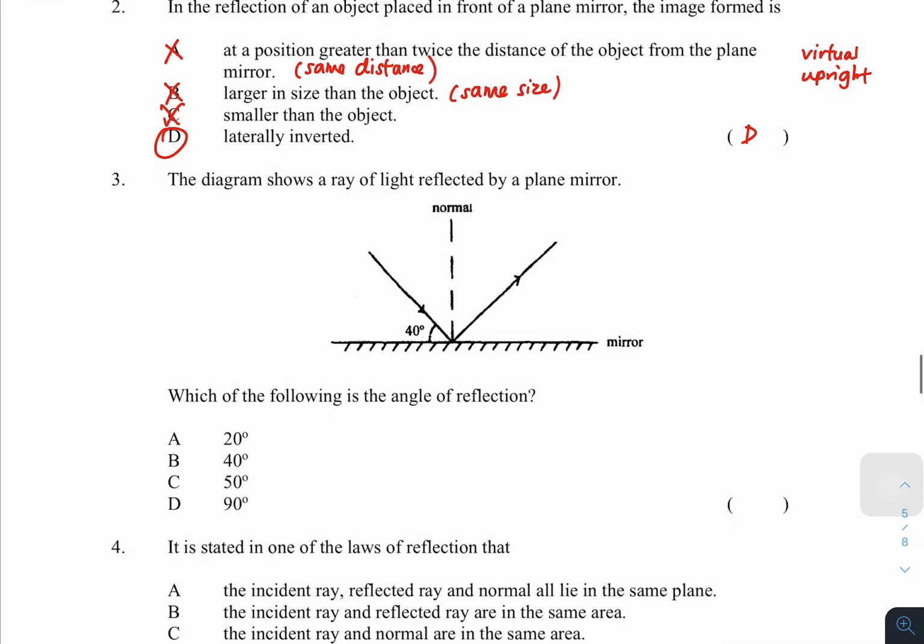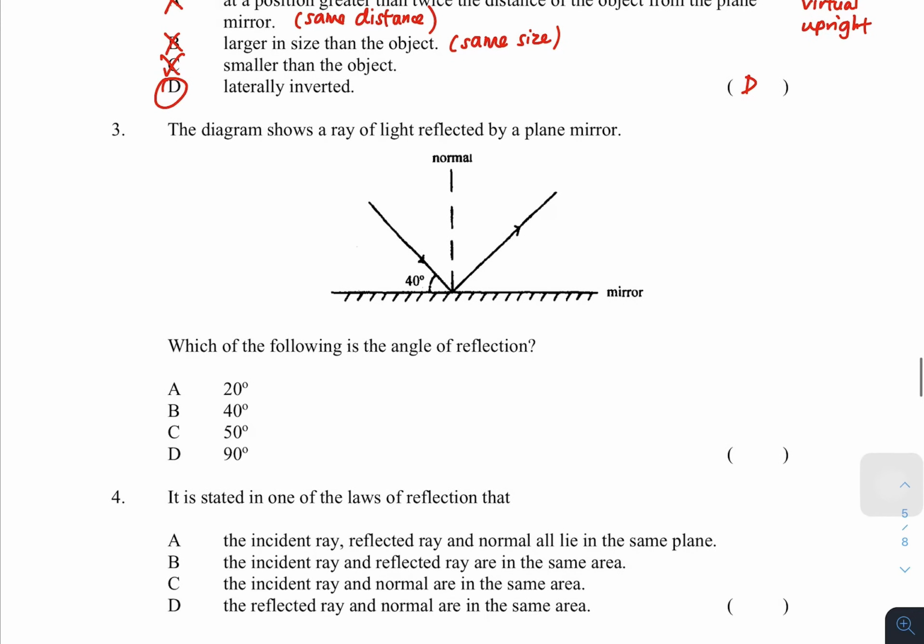Number 3, the diagram shows a ray of light reflected by a plane mirror. Which of the following is the angle of reflection? So where is our angle of reflection? This is our incident ray, this is our reflected ray, and the angle of reflection is simply the angle between the normal and the reflected ray. So this is the R that we're looking for.